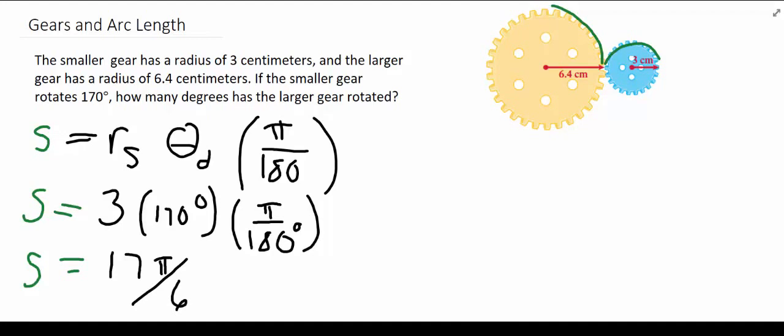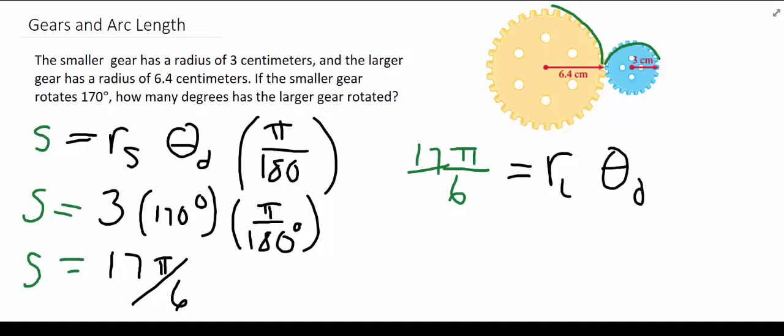So I can use that information now to look at my larger gear. I know that the arc length, being 17 pi over 6, will be equal to the radius of my larger gear times the angle in which it gets rotated in radians.